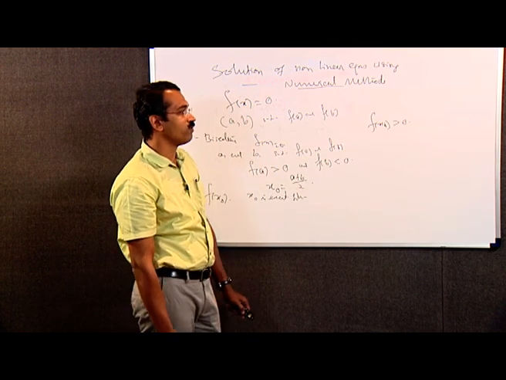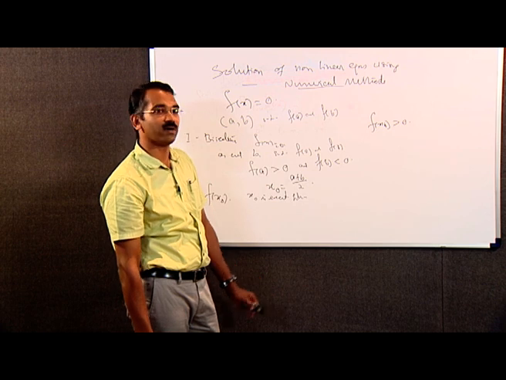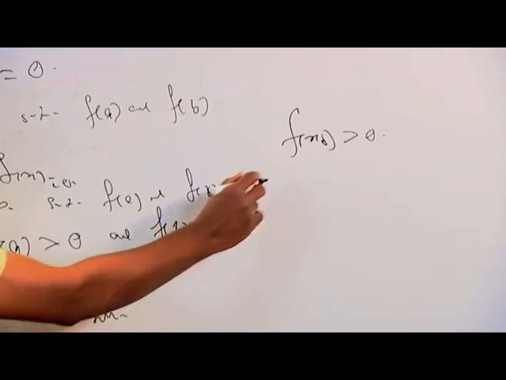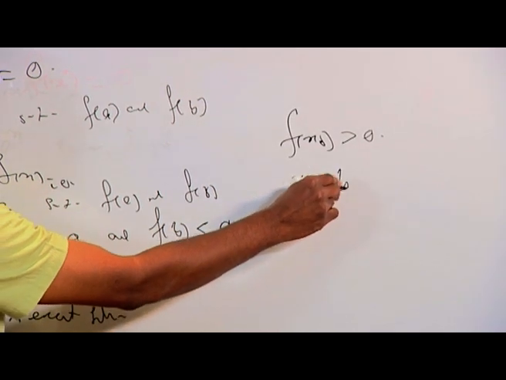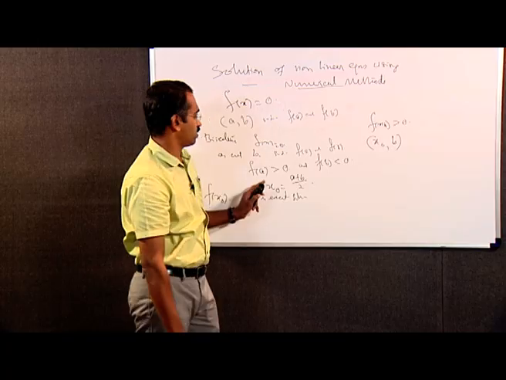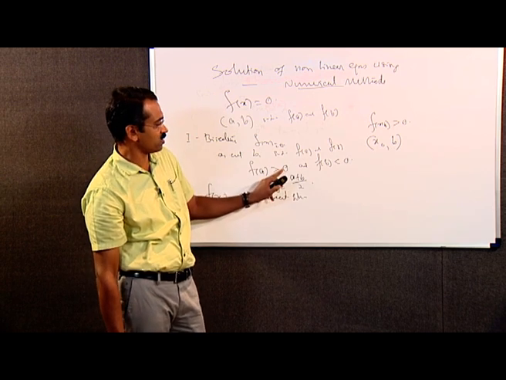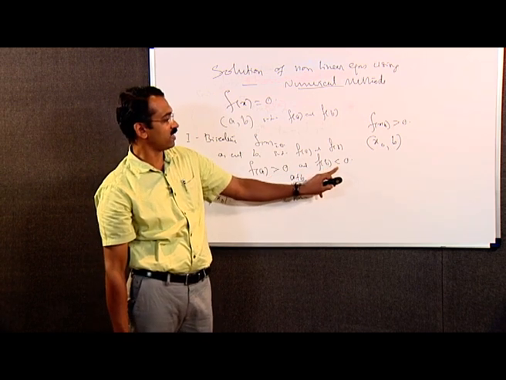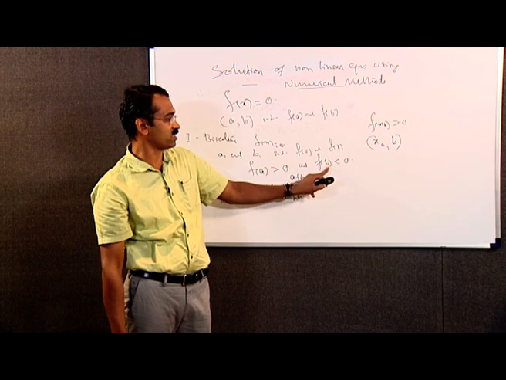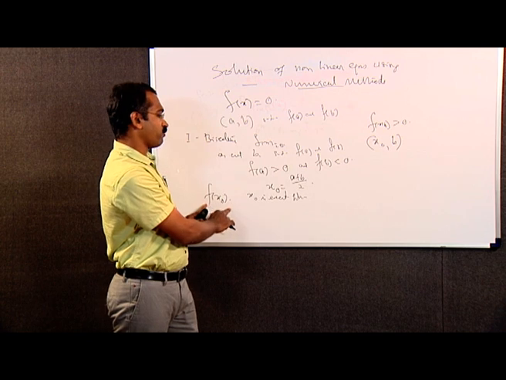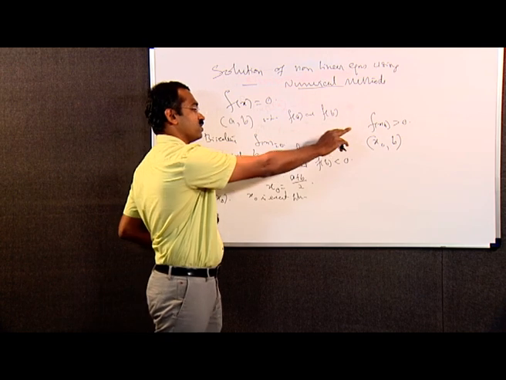Then we take the interval of approximation as x naught comma b, because f of a is greater than 0, that is f of a is positive and f of b is negative in the first iteration. Now, we got f of x naught is positive.